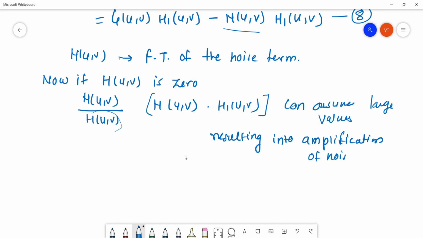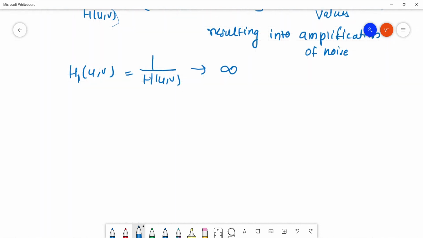Why? Because H of u,v is 0. So 1 upon H of u,v, that is H1 of u,v, will tend to infinity, right? So this is highly undesirable. We don't want this to happen.